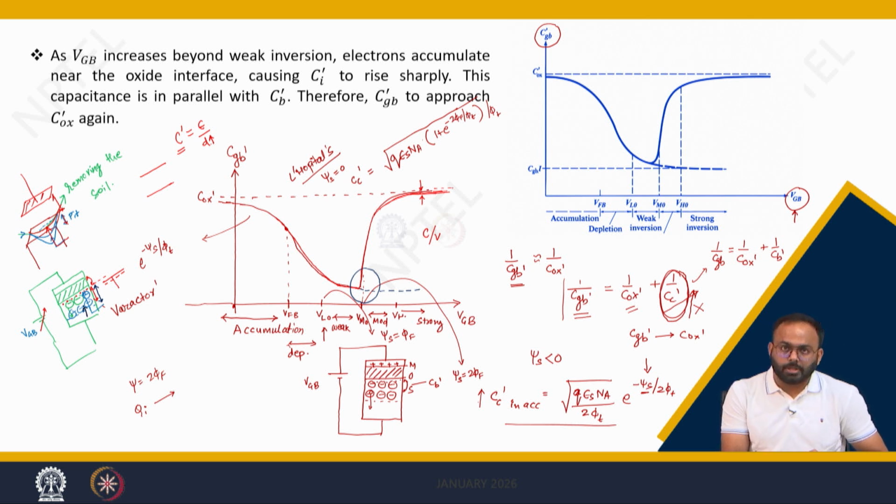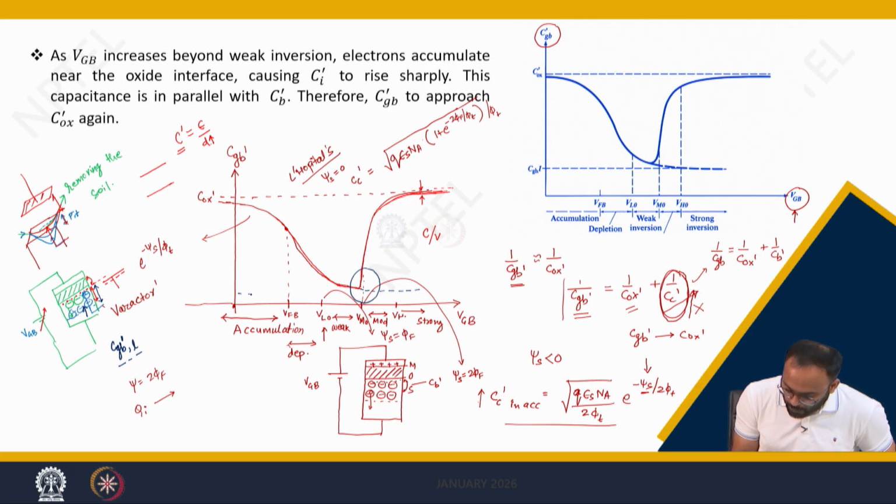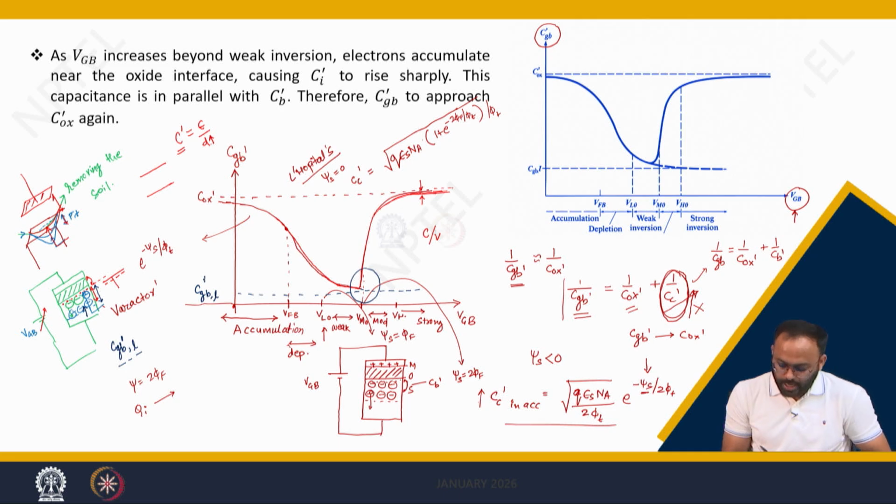The inversion charge will come. So when the height of the depletion region is maximum, your overall capacitance is minimum. Let me define the minimum capacitance as CGBL. L stands for lower. This minimum capacitance can be obtained here. This is the minimum possible value of CGB dash.